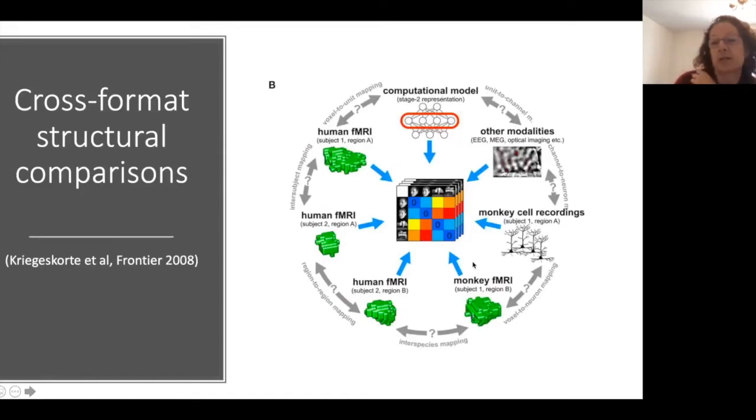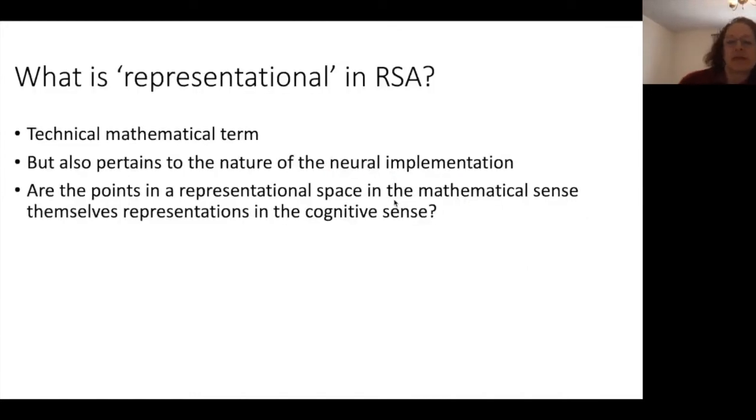So you can look at cell recordings, single cell recordings from monkey, and compare it to fMRI data. You can do other modalities, and you can even develop models and compare it to that to see how well your model actually fits the data of neural activation in particular regions. Okay, so that is RSA.